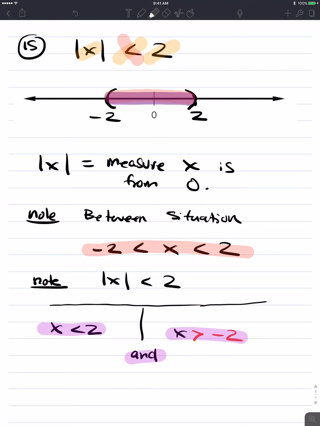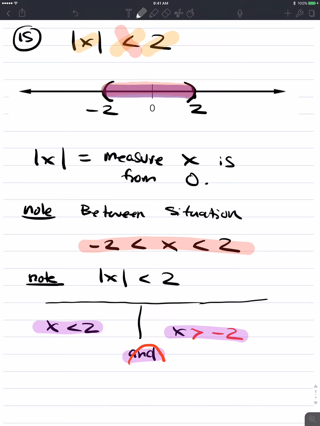This is where both graphs meet. This is what's shaded in both. It's where they overlap. This is the essence of what we mean by the intersection. These are tools that we use to solve every absolute value of x being less than a particular number.